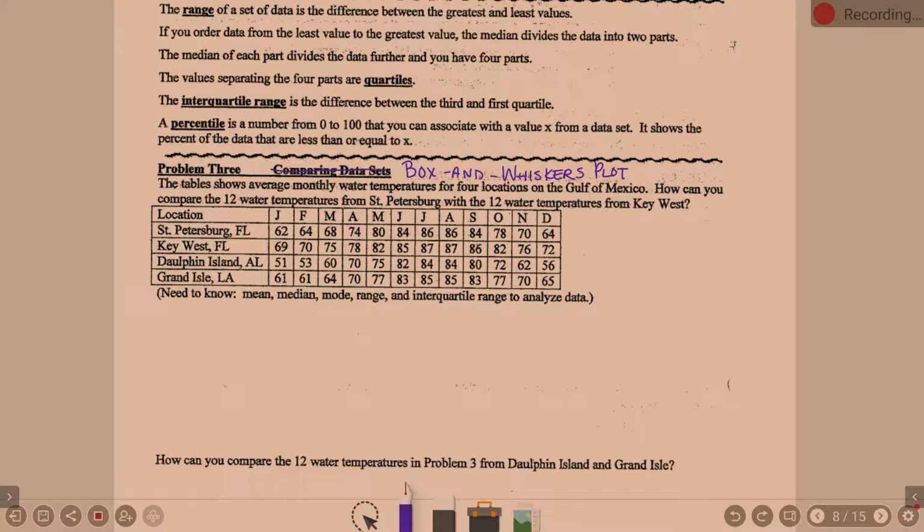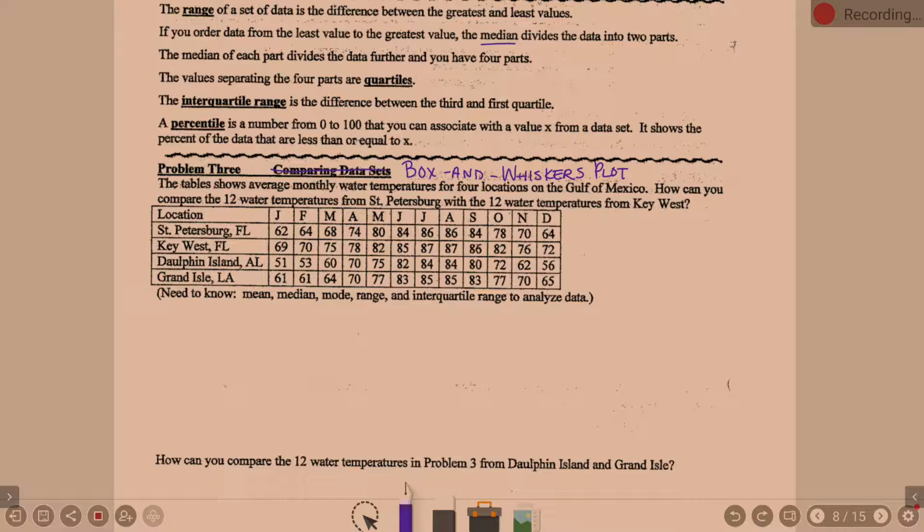If you order the data from the least value to the greatest value, we already saw on the front side, the median chops the data in half, right? Then you've got a low half and an upper half. Well, the median of each part then divides the data into further parts. So in other words, the median's the middle one, yes?